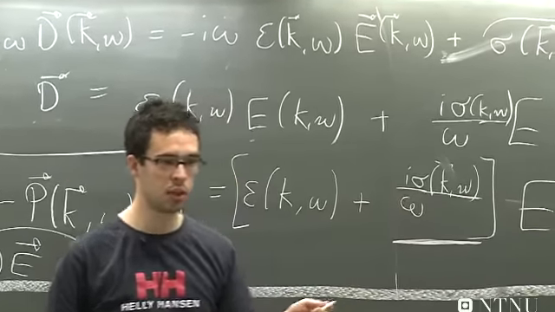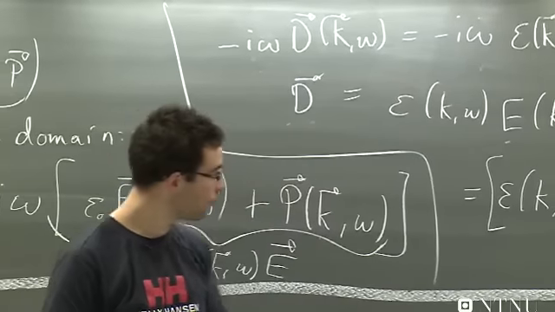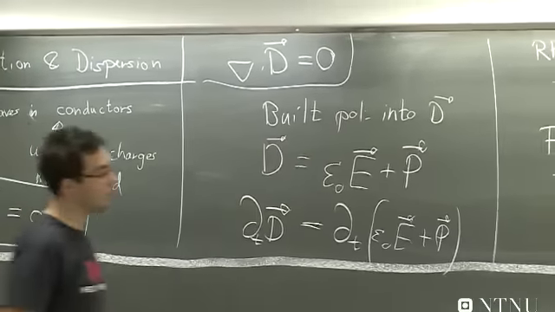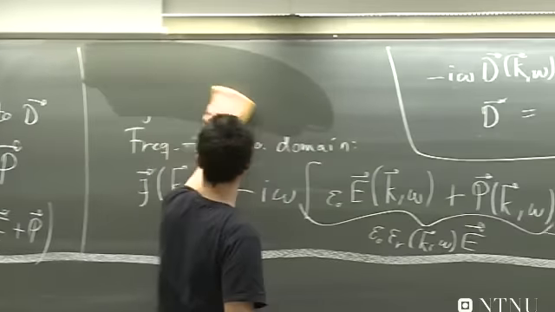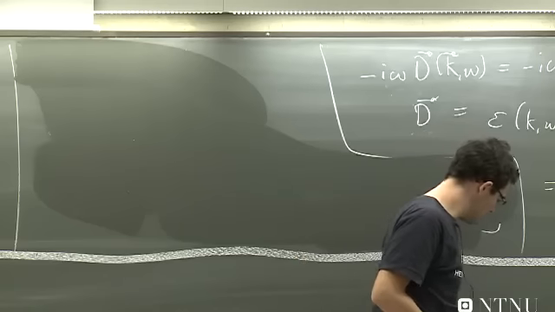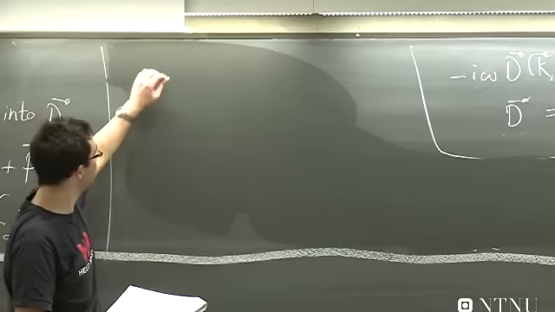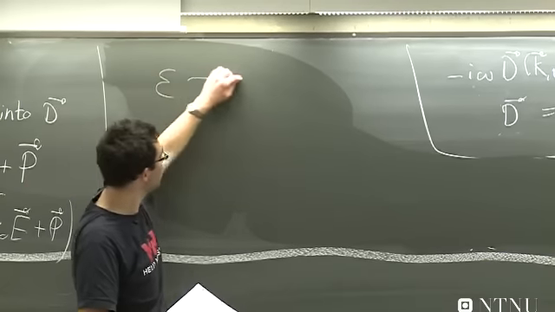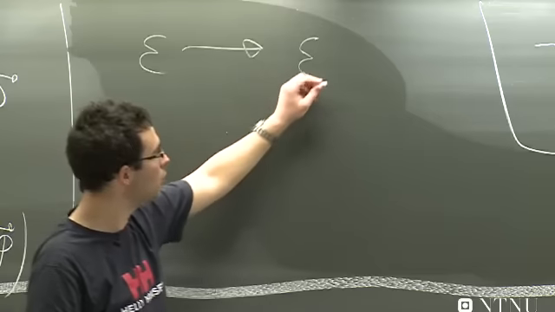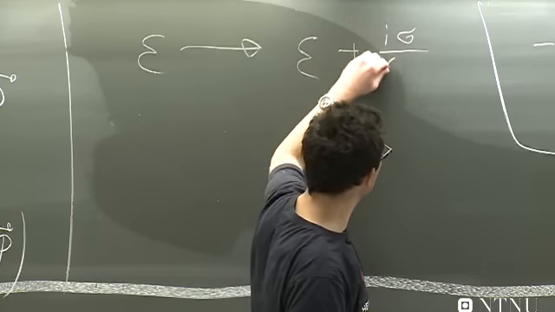But you can see that this is explicitly frequency-dependent. This means that to go from the case without conductivity, where we just had an epsilon, we go to the case where we have the polarizability of the material plus the sigma term, i sigma over omega.